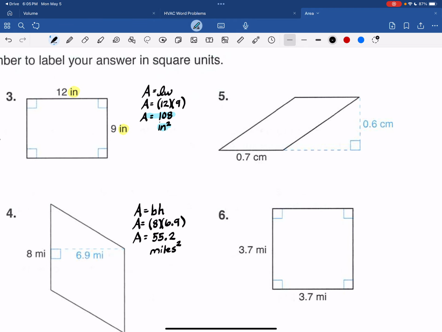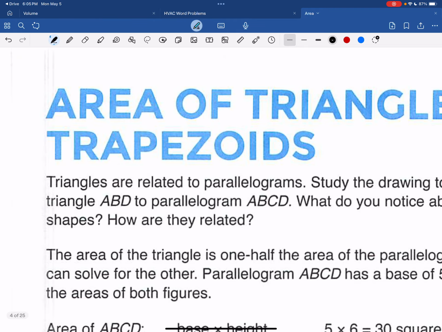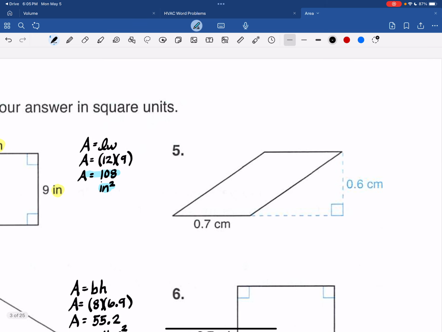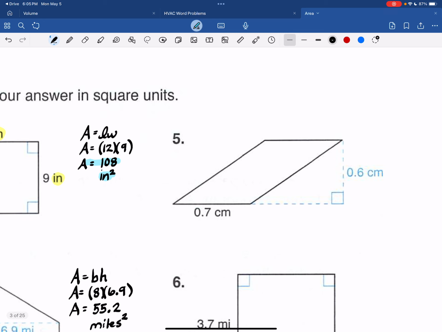And here we have another parallelogram. They're showing me the height of this thing as a vertical line. You always want to look for height at a 90-degree angle. So this dashed line means the line is not really there. It's an imaginary line or a theory line.